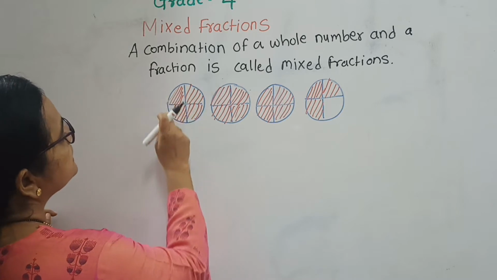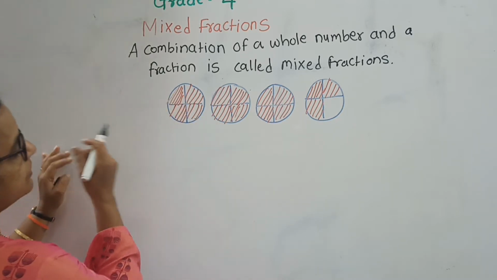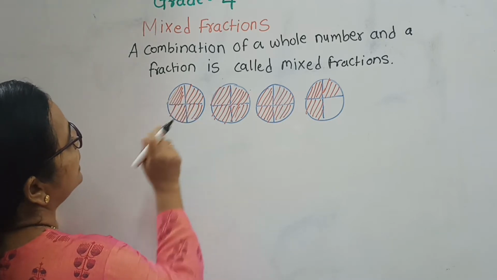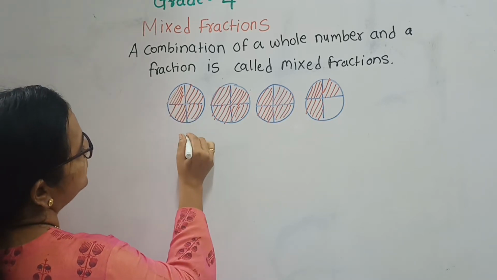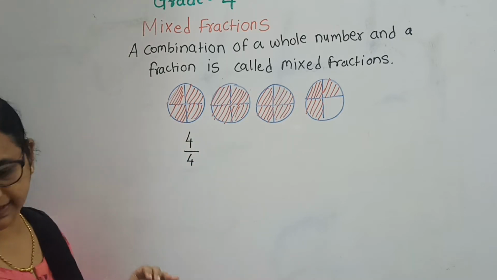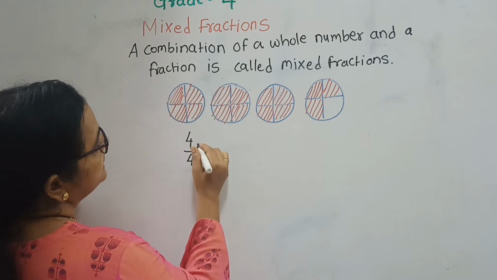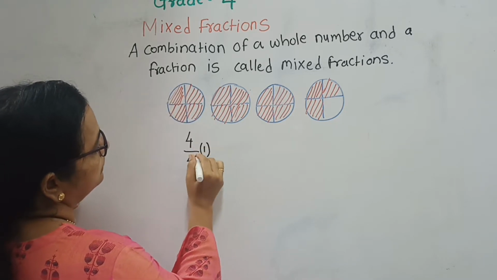Here is a circle with 4 parts, and all 4 are shaded. So the fraction of the shaded part is 4 upon 4. Yes children, 4 upon 4 means the whole part is shaded, which means 1.